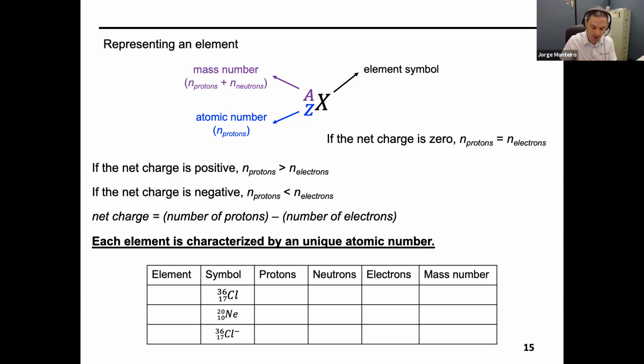Attention with that: we will never change the number of protons. We will always play with the number of electrons. If the net charge is positive, the number of protons is higher than the number of electrons, and negative, vice versa. To calculate the net charge, you can do the number of protons minus the number of electrons. Very simple.